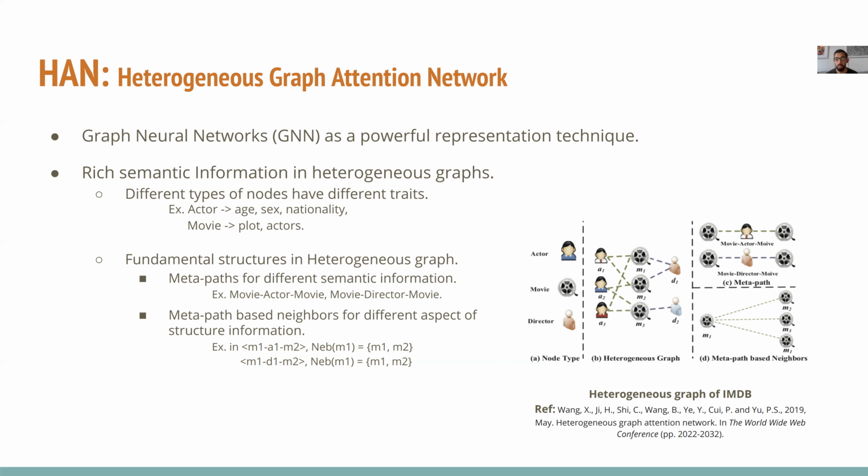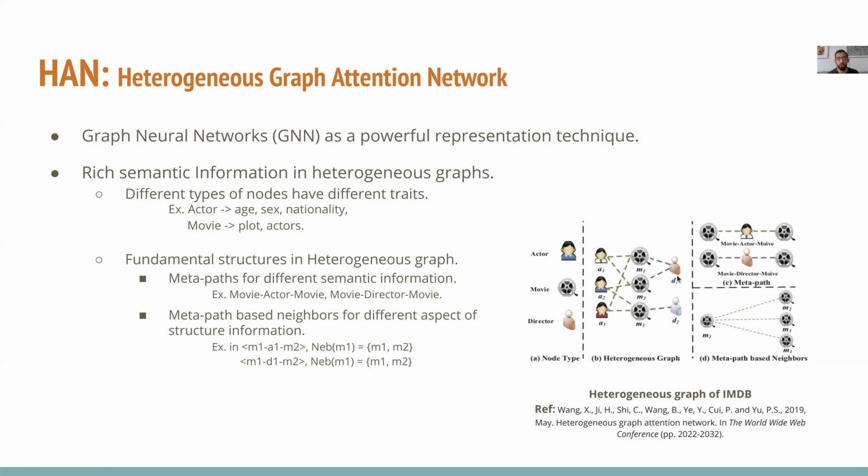In this toy example, we have a small graph of movies. We have actor, movie, director. These are the node types that we have, and we can see that actor, movie, and director are connected together. So we have AMD, which is a director and actor working on this movie. And also we have AMA, which is two actors working in the same movie, right?